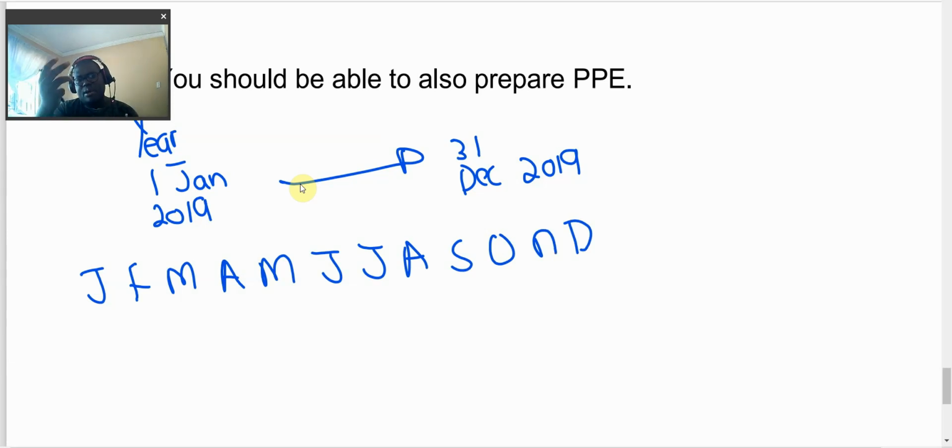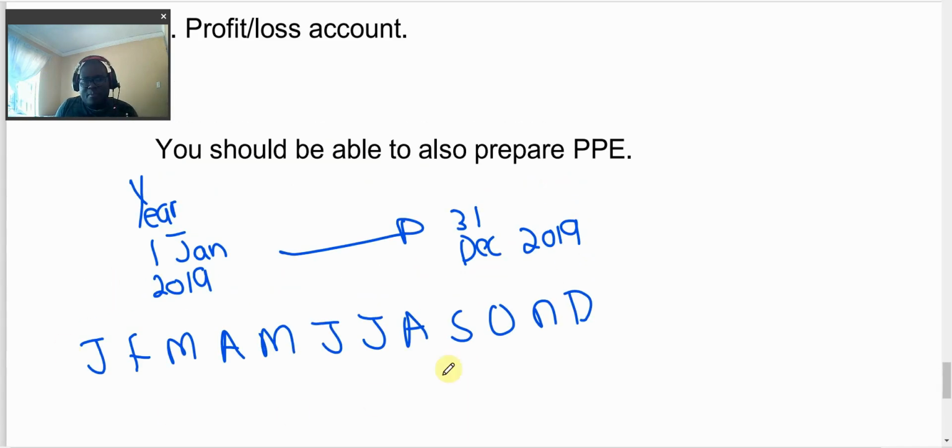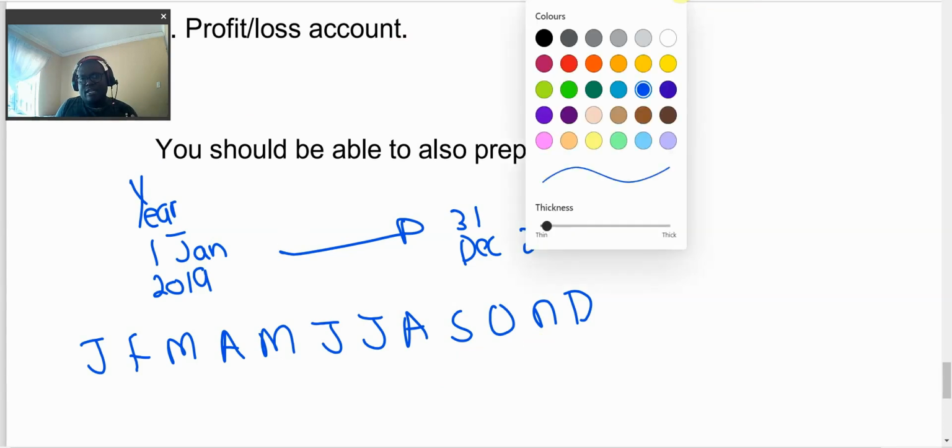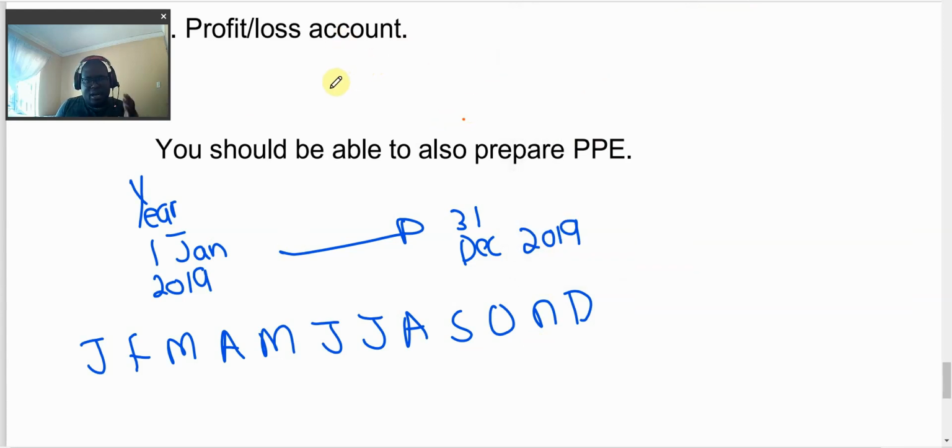Even if you count here: 1, 2, 3, 4, 5, 6, 7, 8, 9, 10, 11, 12. So it's 12 months, and we've already made the timeline. Now I'm going to change the color so that you can see the effects of the calculations.